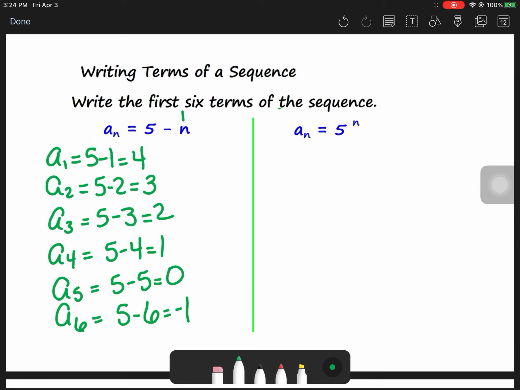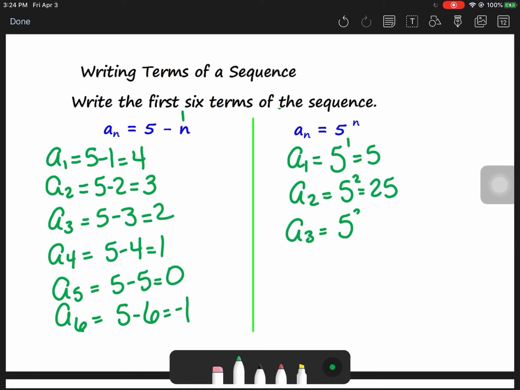On my next pattern or sequence rule, I'm going to plug a 1 in. That would put it to the first power, which is 5. When I plug a 2 in, I'm going to use my 2 as my exponent. When I plug a 3 in, I'm going to use my 3 as an exponent, and 5 to the third power is 125.